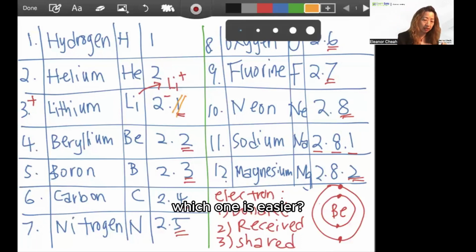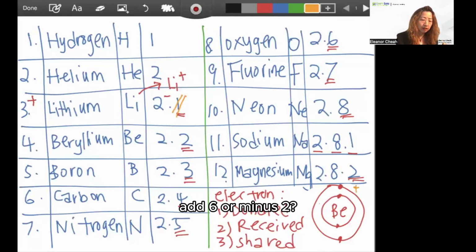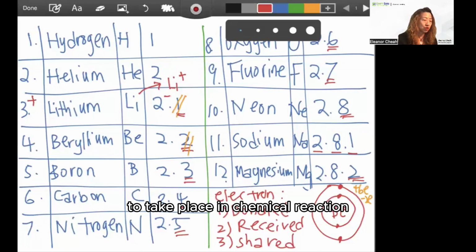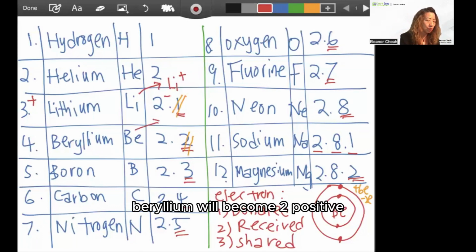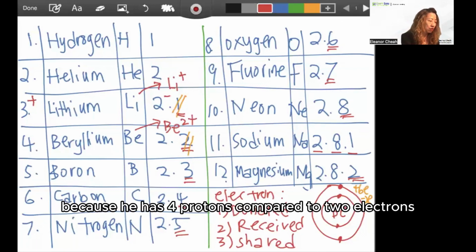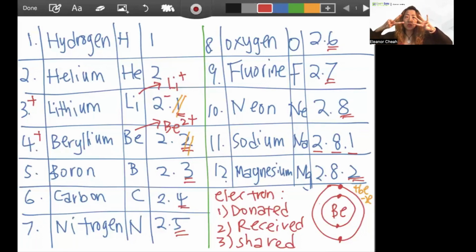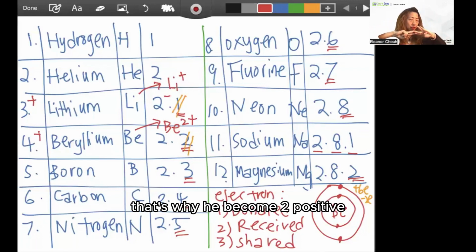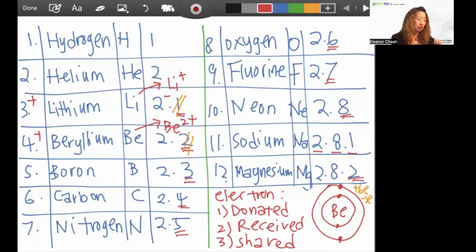Which one is easier? Add 6 or minus 2? Again, it's easier to throw away 2. So to take part in a chemical reaction, beryllium will become 2 positive because he has 4 protons compared to 2 electrons, so he has 2 extra positive charges. That's why he becomes 2 positive.